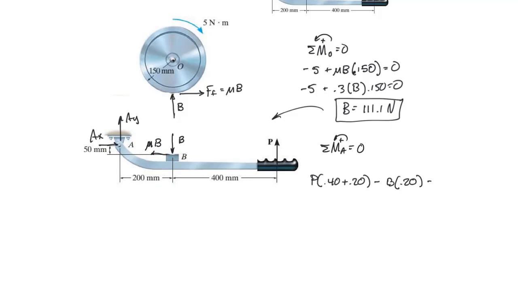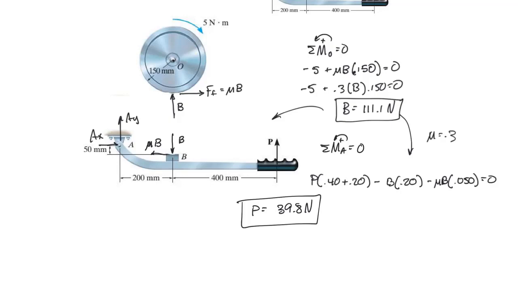So I'll say minus mu B is also there, and that has a lever arm of 0.05, and that's equal to 0. I've already solved for B, and I have mu equal to 0.3, which I can also put in there. Solving that for P, I got that it is equal to 39.8 newtons.